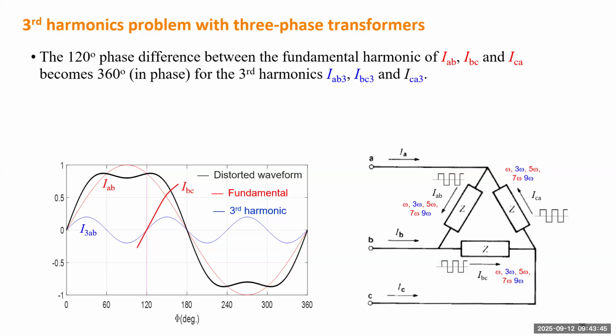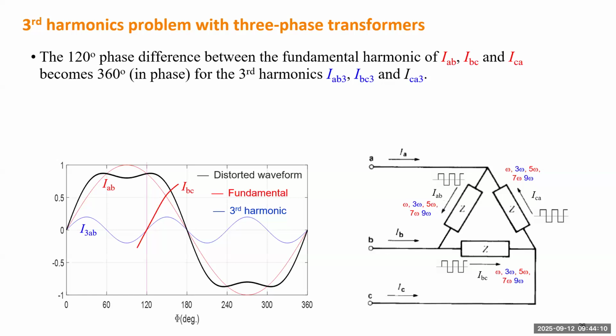Why? Because the original red wave is IAB, which is the current from phase A to phase B, and IBC will be lagging IAB by 120 degrees. And the third order harmonic, for each half wave, will generate 3 half waves, because the frequency is 3 times.